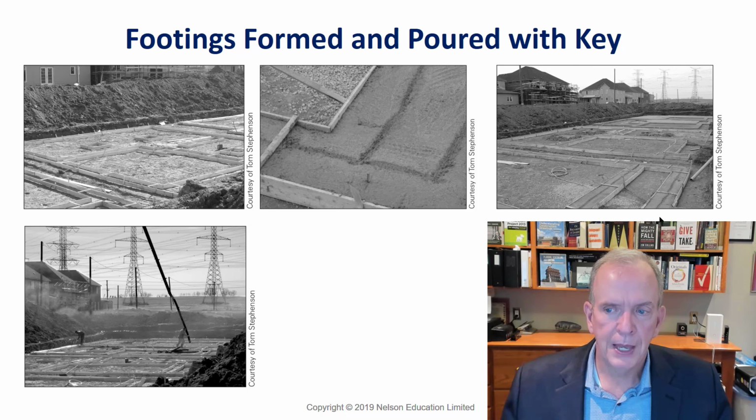So they would have all the pegs put in place, and then the forming crew would just measure out from the pegs, as I mentioned in the last class. So if this footing was 500 millimeters wide and the wall was 200 millimeters wide, and I knew where the peg was, then I can calculate where I need to put each edge of the formwork.